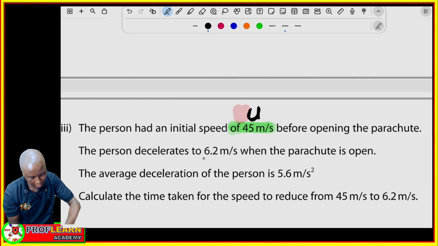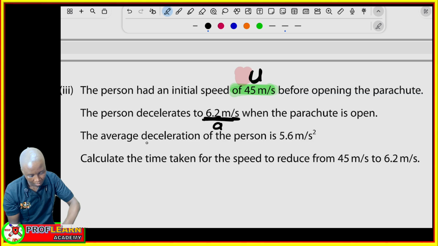It decelerates at this rate, this is the acceleration, the average deceleration. It decelerates to this speed, which is the final speed.